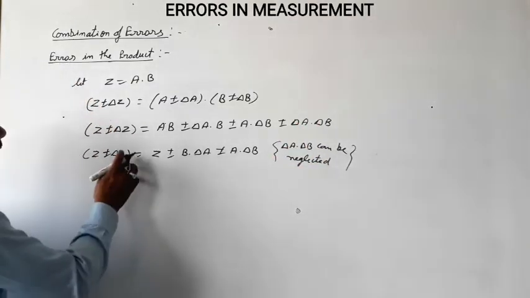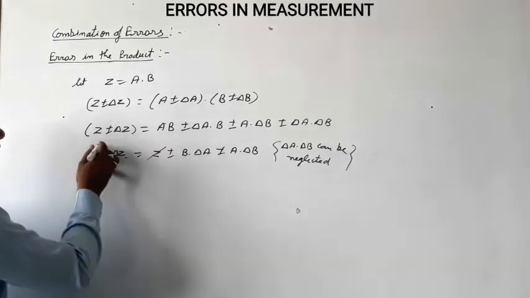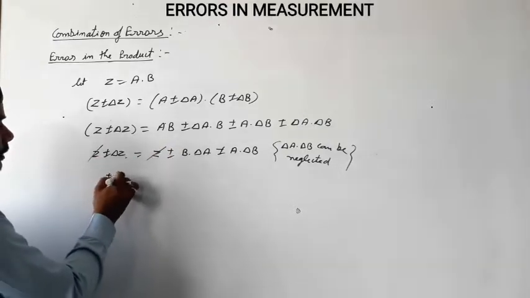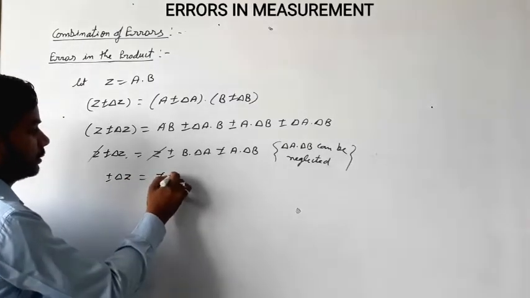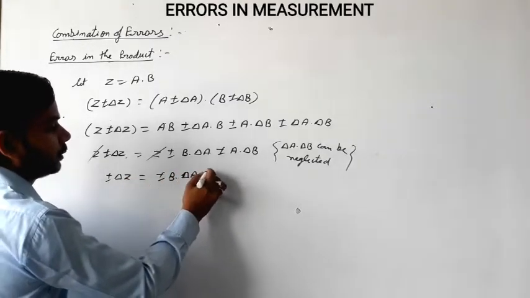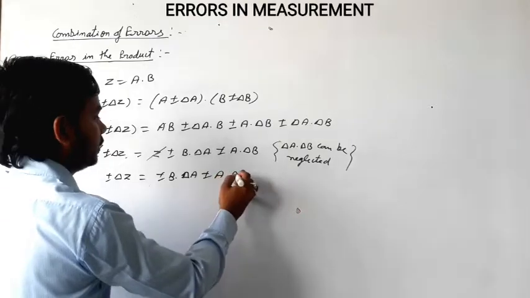Now Z will cancel, so delta Z equals plus minus B into delta A plus minus A into delta B.